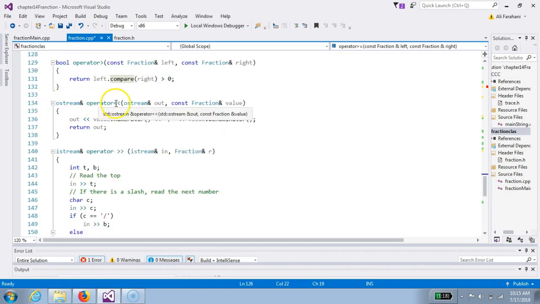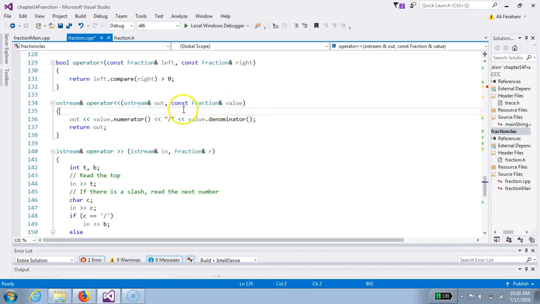That's the output operator that we are overloading for fraction. The output stream returns an ostream reference. The name of the operator is right there, less than, less than. The parameters are always the same as you see here: ostream reference out, constant fraction reference, and the name of the parameter is value.